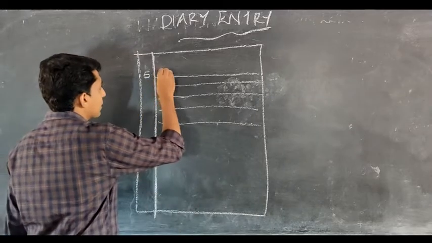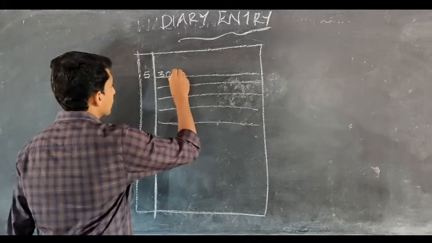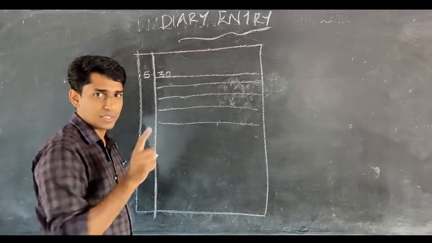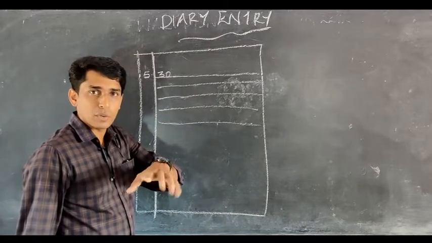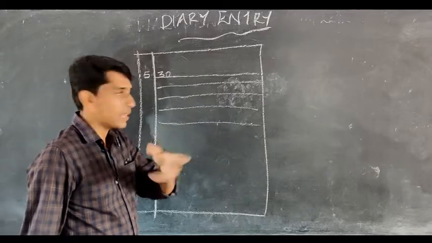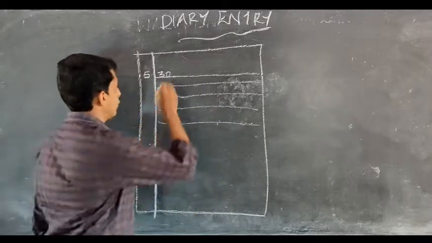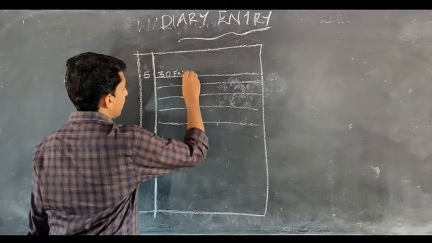Here we will write 30. What is the date today? I am taking this class on the 30th. That is why I write 30. It will come to you next Monday or Tuesday, but today I take it on this Friday. So that is why I am writing this date.